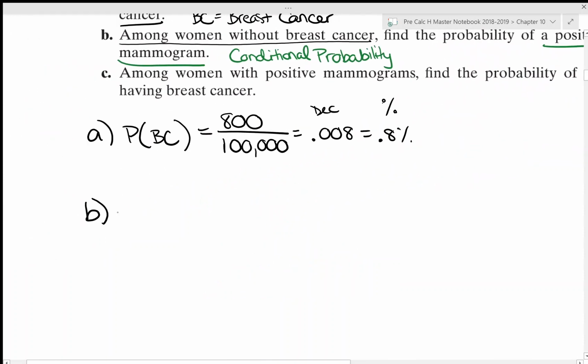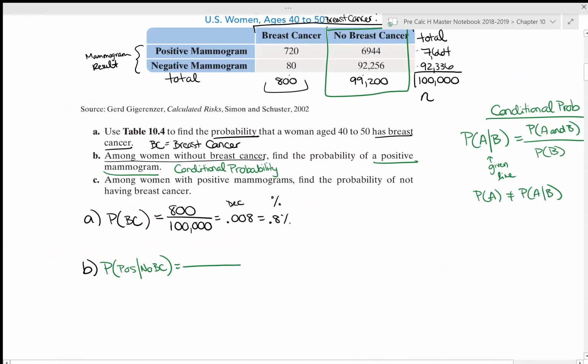So in this case, I'm looking at the women without breast cancer. So given no breast cancer, what's the probability that it was positive? I'm going to move that over. How many women did not have breast cancer? I boxed it in. Sometimes visually, boxing in the section, the condition that you're looking at, is helpful.